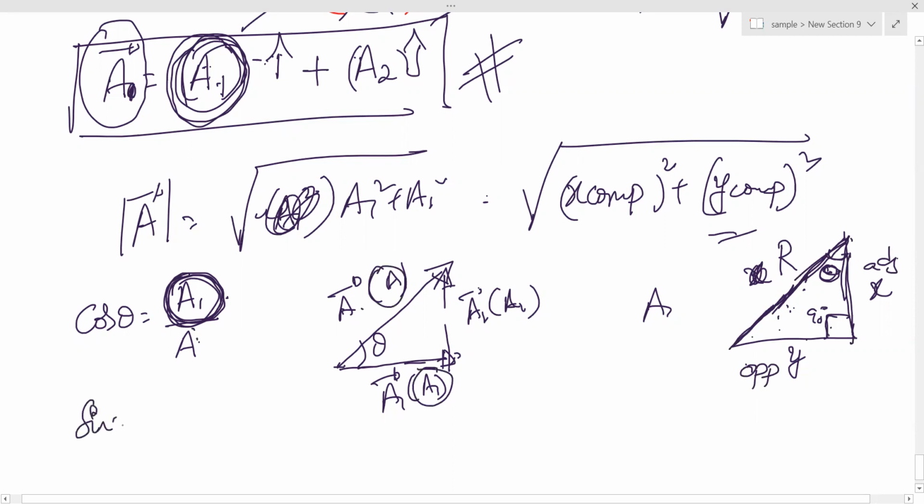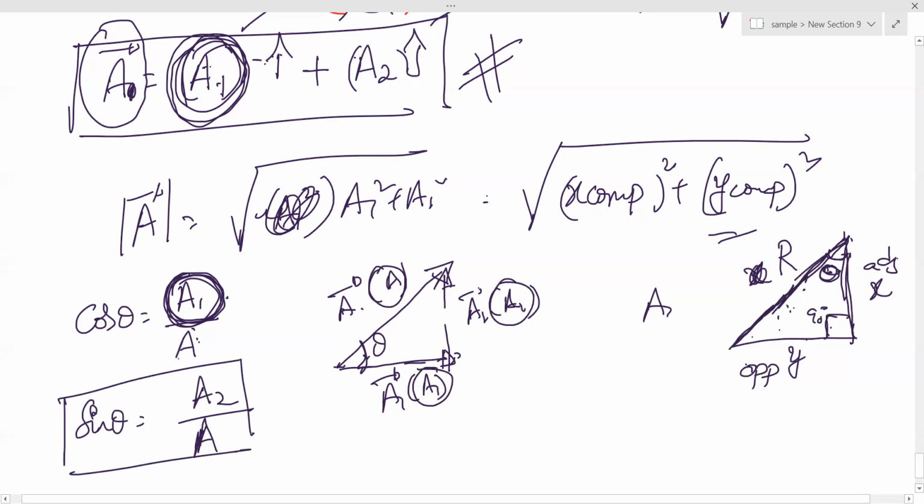You know this, sin theta is opposite side by hypotenuse. For theta, the opposite side is A2, so sin theta is A2 by hypotenuse A. But you should not remember it as perpendicular and base, because base generally means the side we remember at the bottom.